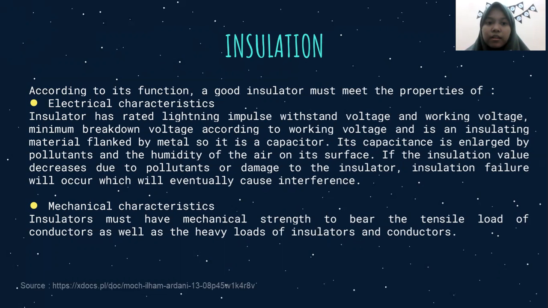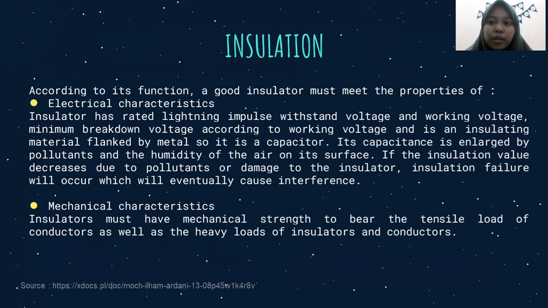Electrical characteristic: the insulator has rated lightning impulse withstand voltage and working voltage, minimal breakdown voltage according to working voltage, and is an insulating material between metal parts, so it's a capacitor. Its capacitance is enlarged by pollutant and the humidity of the air on its surface.